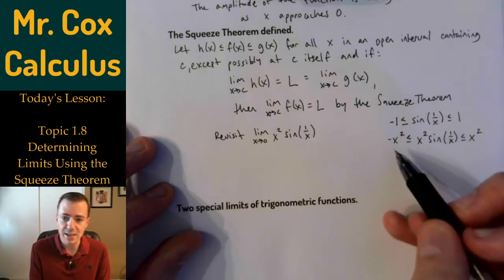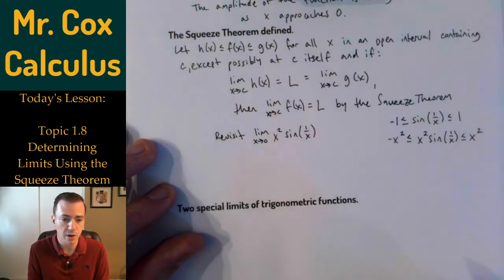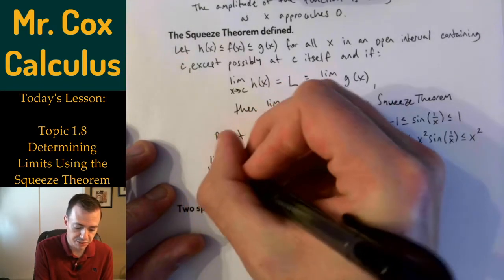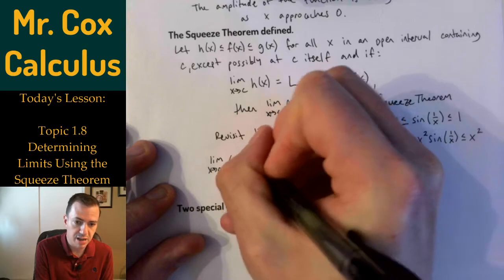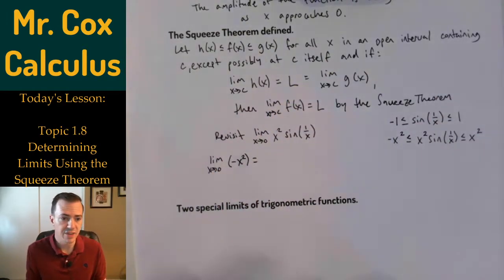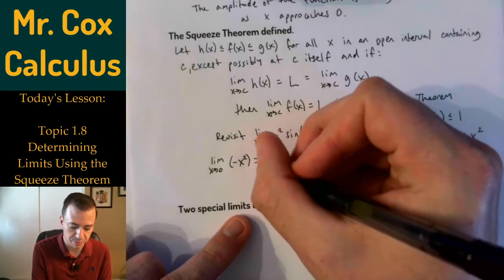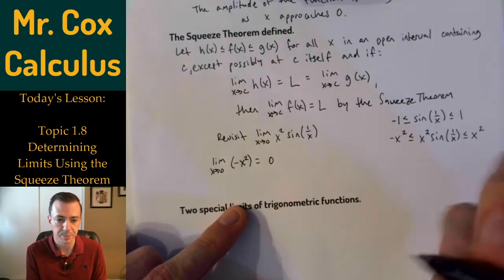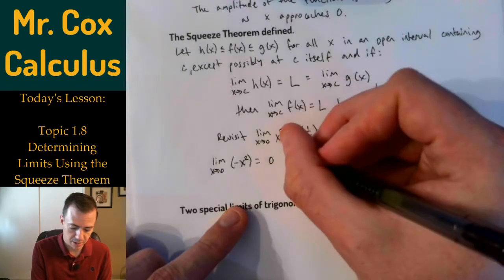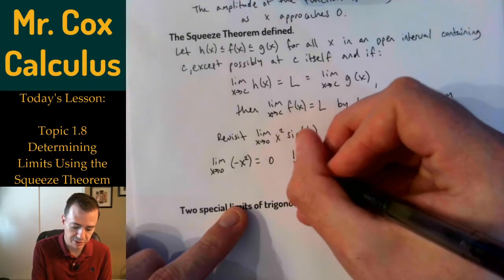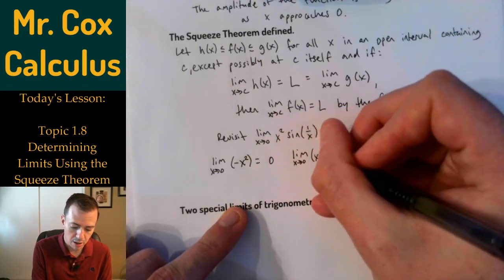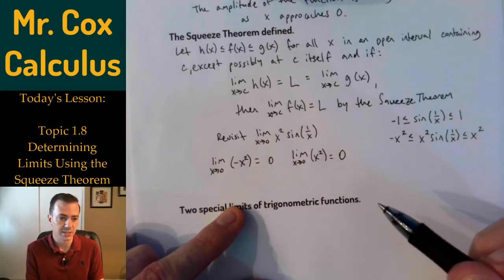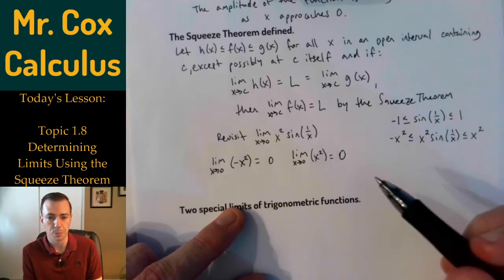Well, I can take the limit as x approaches 0 of those two outer functions. The limit as x approaches 0 of the function -x squared, I can evaluate with direct substitution. That just equals 0 if I substitute 0 in. Then the limit as x approaches 0 of +x squared, I can also evaluate through direct substitution and get 0.